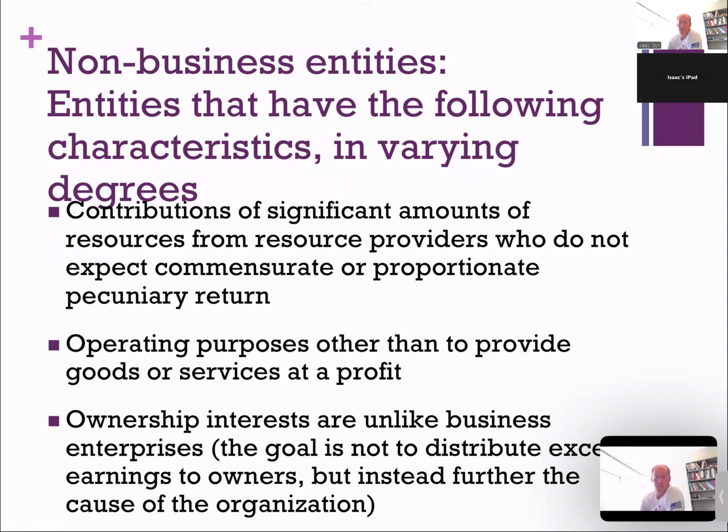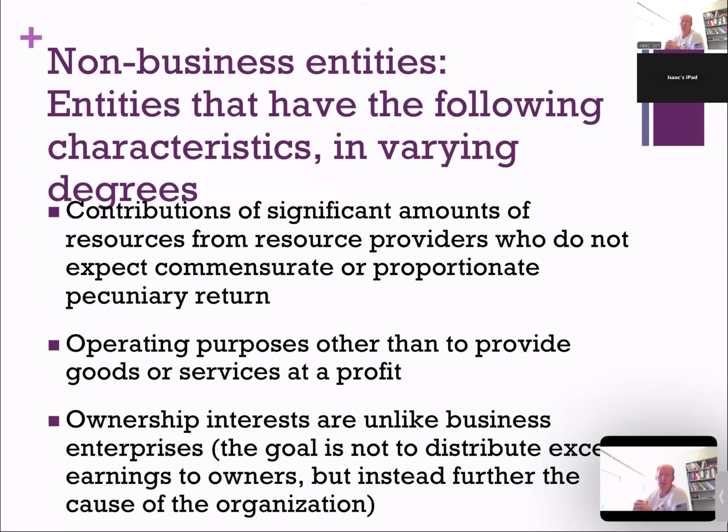First, contributions of significant amounts of resources. This is the wording they use, which I think has value, but I wouldn't necessarily memorize their exact words. Instead, understand the idea behind it. People are contributing to the entity, and they're not expecting something in return of equal value.